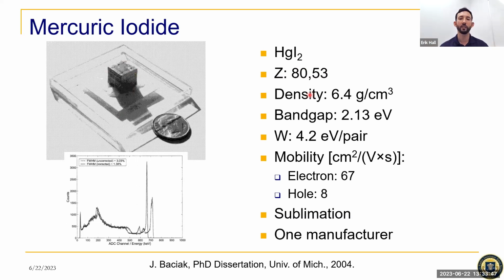It has very high effective Z, very good density, comparable to the other materials that I talked about earlier, a very comparable band gap, and very comparable ionization energy. Again, comparable mobility. One of the downsides of mercuric iodide is that it sublimates at room temperature. So if it's left open, it'll just evaporate into the air. So it has to be entirely encapsulated.